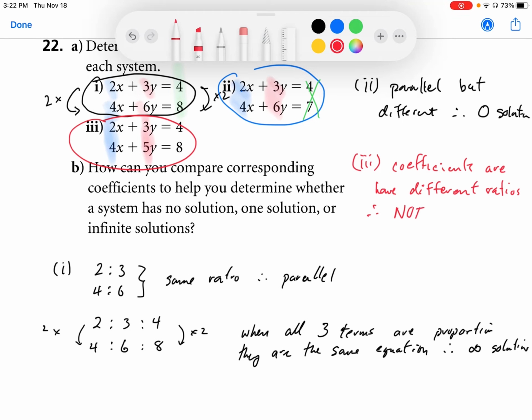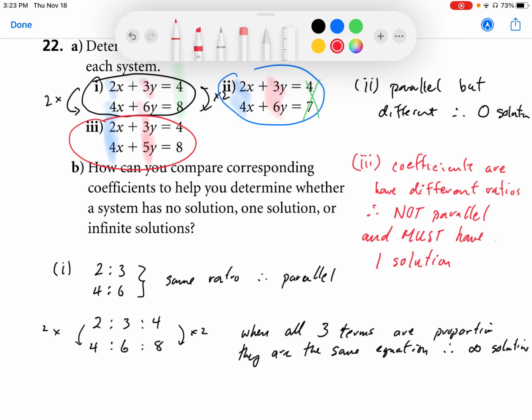Therefore, not parallel, and they must have one solution. They must have only one solution.